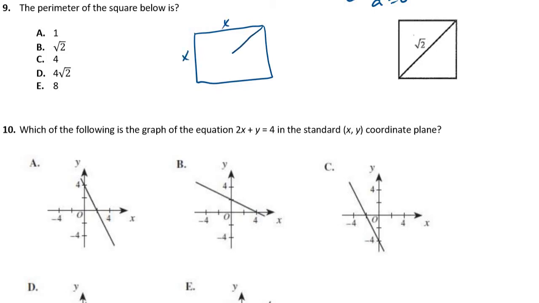I want to know the diagonal of this square. That means I'm going to do the Pythagorean theorem. The length of this diagonal will be x squared plus x squared, and take the square root of that, remember? So it's the square root of 2x squared.